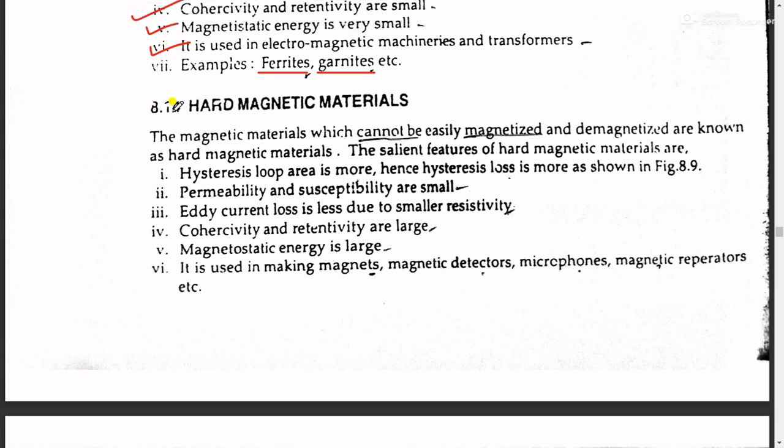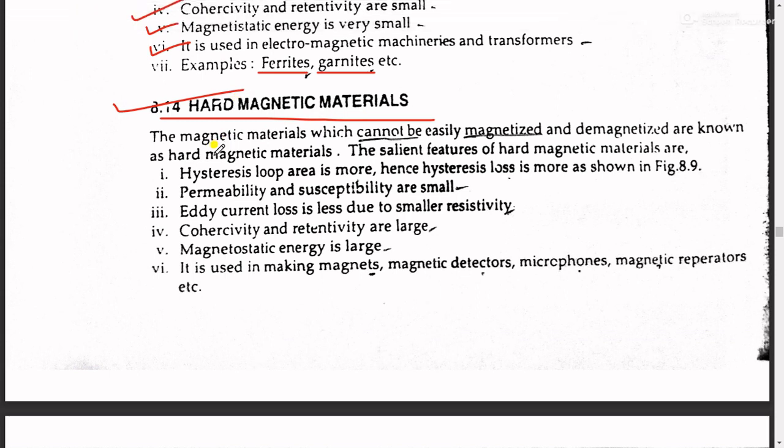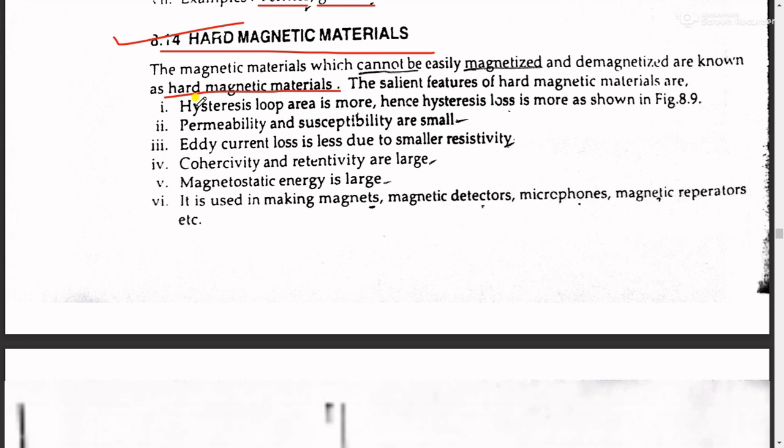So next material, hard magnetic material. Magnetic materials that cannot be easily magnetized or demagnetized are known as hard magnetic materials. This is the property of hard magnetic materials, that is, hysteresis loop area is more, hence hysteresis loss is more.